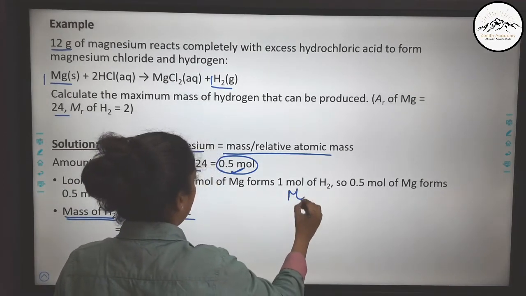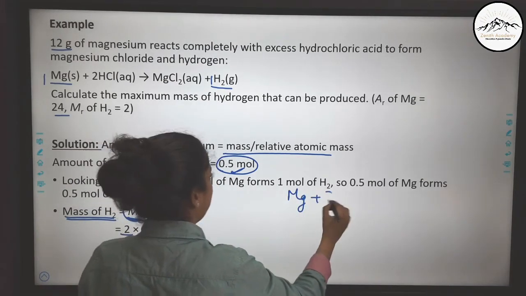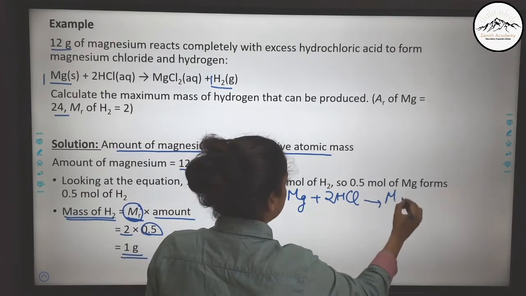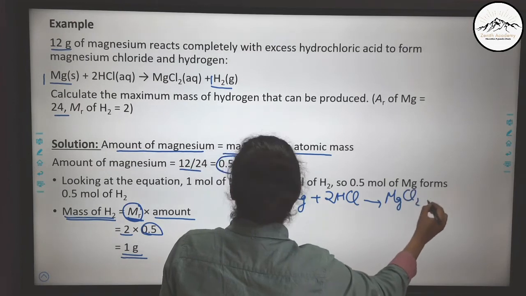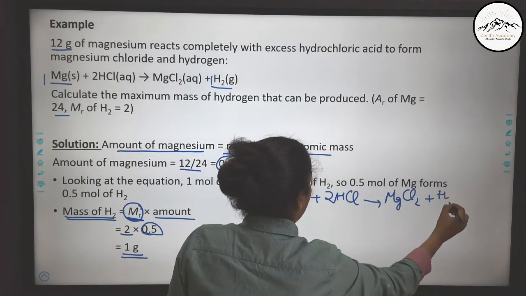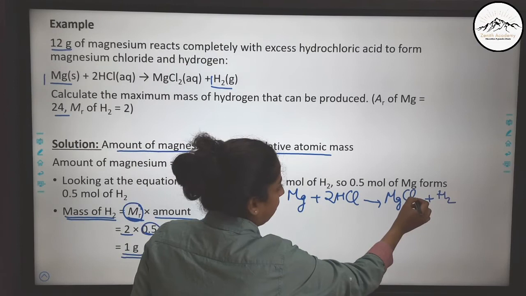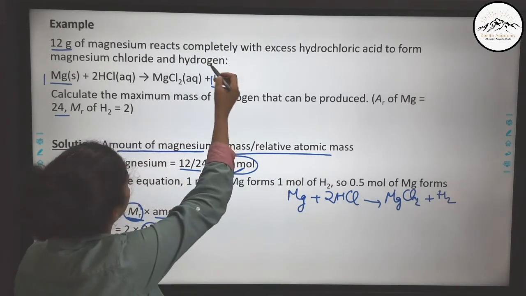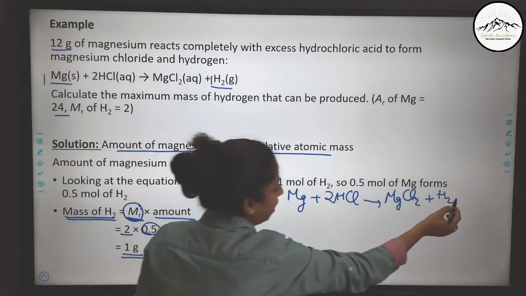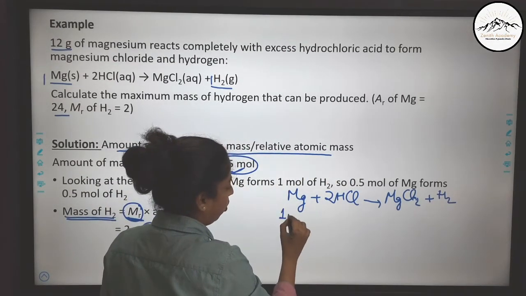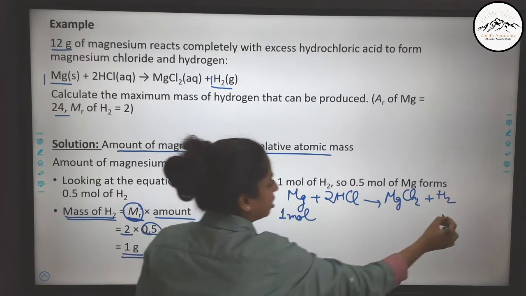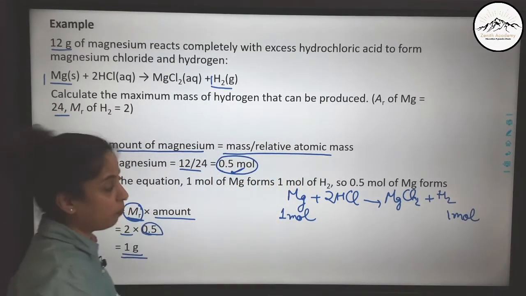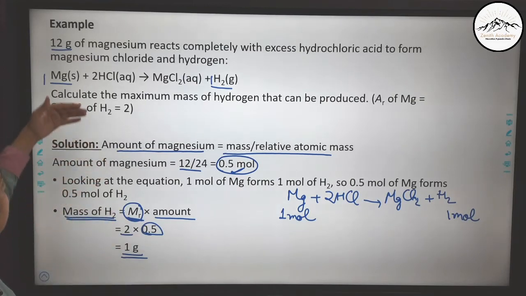See here, Mg plus twice HCl is forming MgCl2 and H2. Now we don't have any issue because we have been given magnesium and we are told to find H2. So this is also 1 mole and this is also 1 mole. Okay, but what is asked?